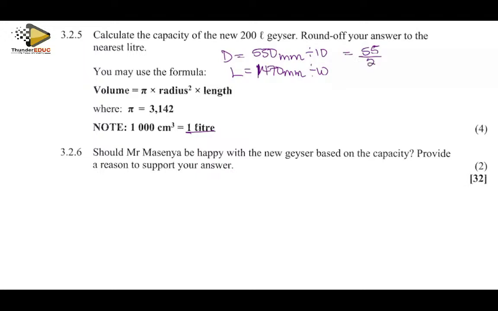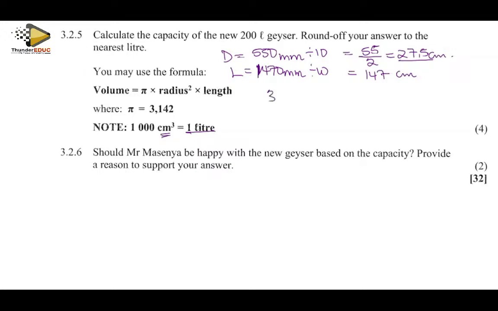That is the diameter. We divide by 2, and end up having 27.5. This is our radius. Now these have become centimeters. When we divide this also, we get the length in centimeters. So now you're good to go. Why am I using centimeters? It's because of the conversion factor here.